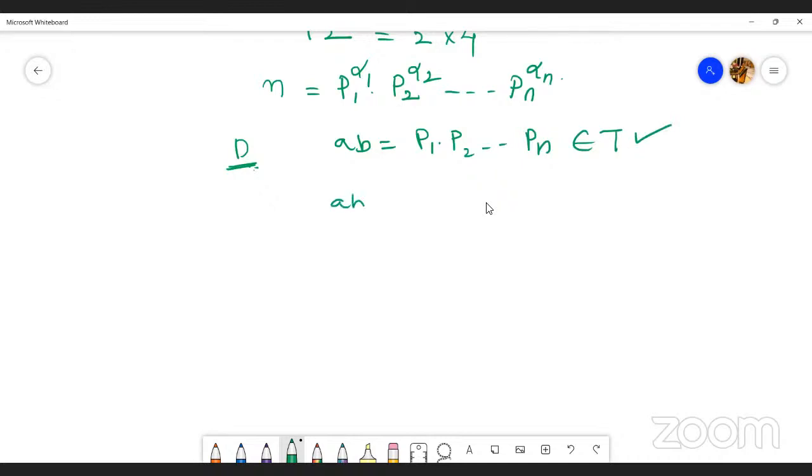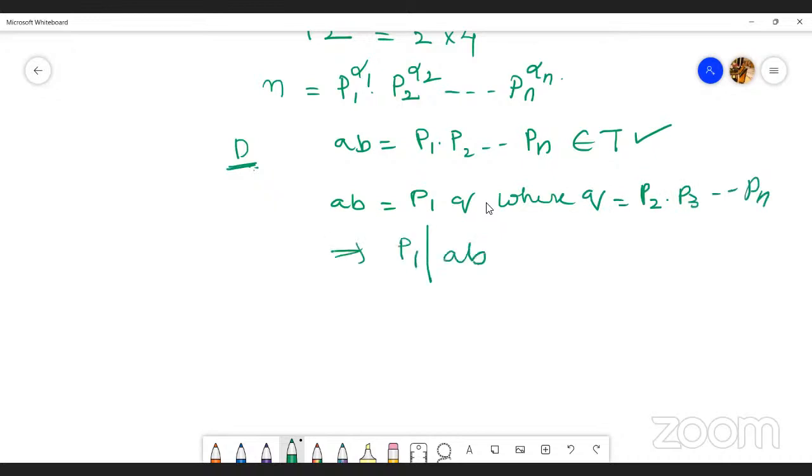So you take AB is equal to P1 into Q, where Q is P2 into P3 into and so on, Pn. This implies P1 divides AB. P1 is prime.